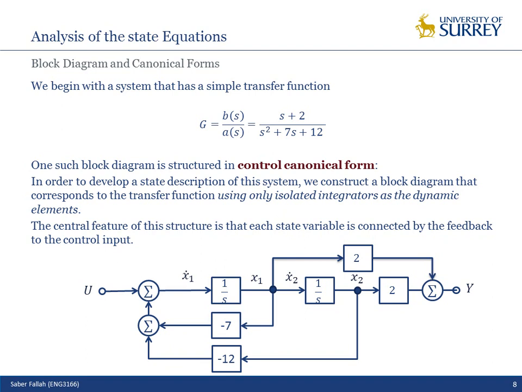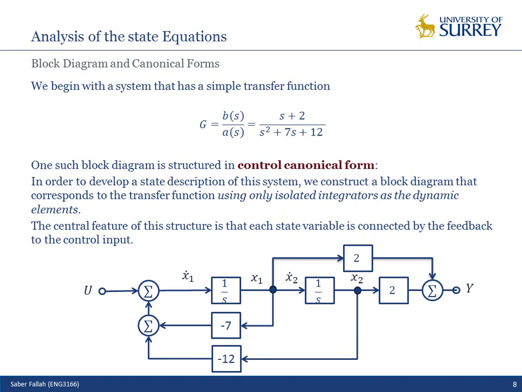And x2 is equal to 1 over s times x1. So if you look here, I have s over s squared plus 7s plus 12 plus 2 times s over s squared plus 7s plus 12 multiplied by 1 over s.